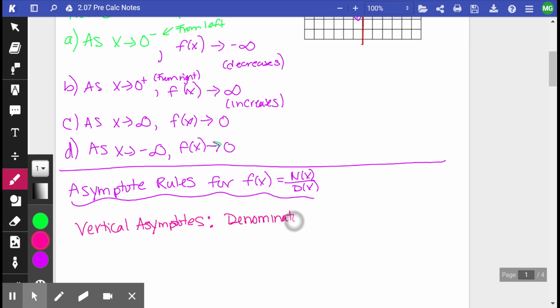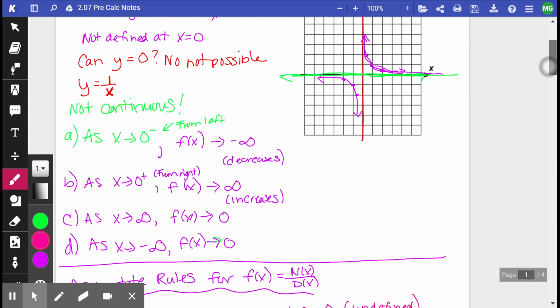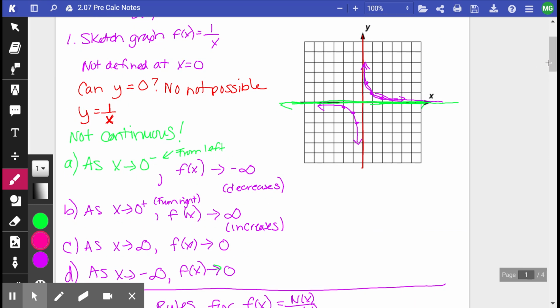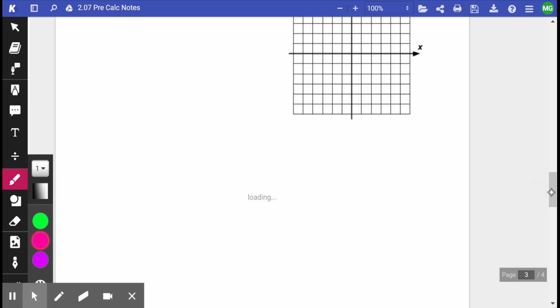Whatever makes that denominator 0, whatever makes that fraction undefined, that's where you're going to have a vertical asymptote. So if we go back to this example, our denominator was x, so to make x 0, you just set x equal to 0. So we have an asymptote at x equals 0, which is the y-axis. So that's your vertical asymptote.